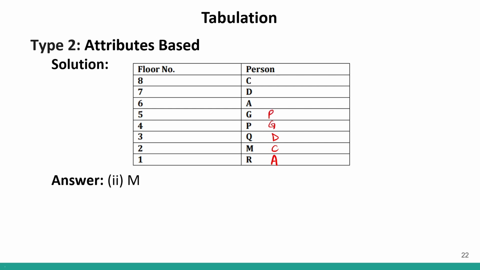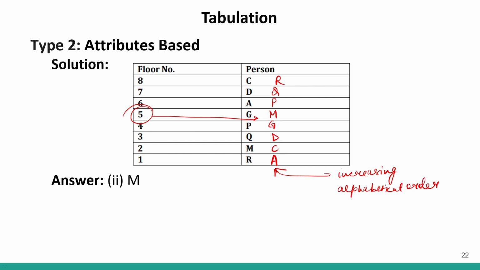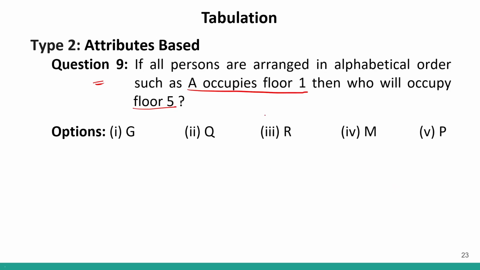Then we have M, P, Q, and R. This will be the alphabetical order, correct? From A to R is your increasing alphabetical order. Correct? We have to find out who lives on floor 5. So on floor 5 we will have M. So my answer will be option number 4, M. Floor 5 will be occupied by M. Okay?